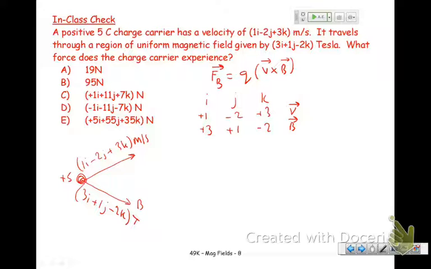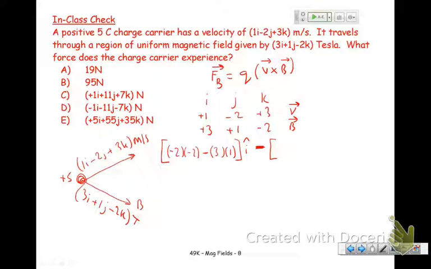And then I'm going to put my finger over the first column, and I'm going to go minus 2 times minus 2, minus 3 times 1, and that's I. Then I put my negative sign. I do it really strong and hard because that's what people forget.